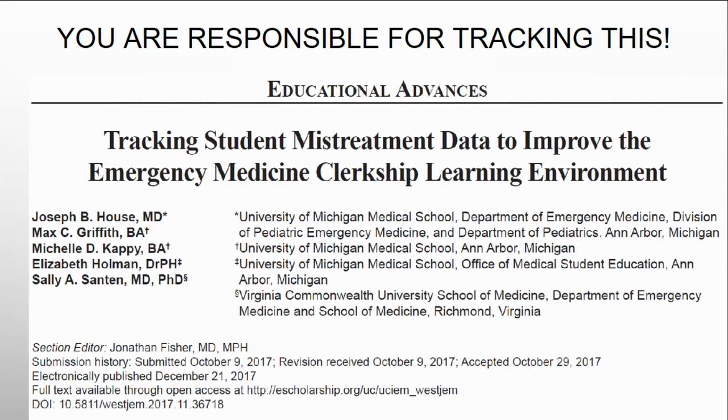So I found this article, and I was happy to see that Joe House is the lead author on this. I thought this was a great paper. We're not going to talk a lot about scholarship today, but this is a great example of scholarship in stuff that you're doing every day anyway.